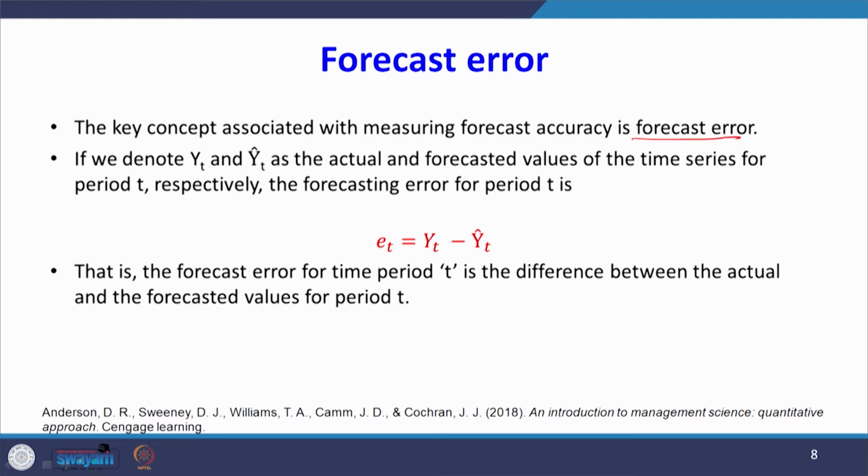If we denote yt and y hat t as the actual and forecasted values of the time series for period t respectively, the forecast error for period t is Et equal to yt minus y hat t, actual minus forecasted data. That is, the forecast error for time period t is the difference between the actual and forecasted values for period t.